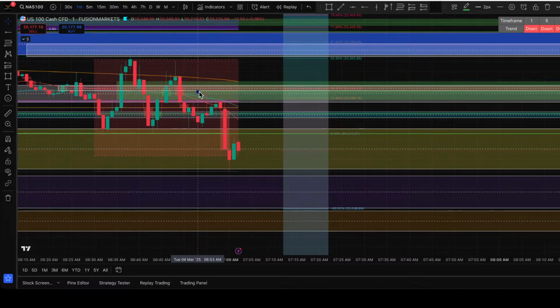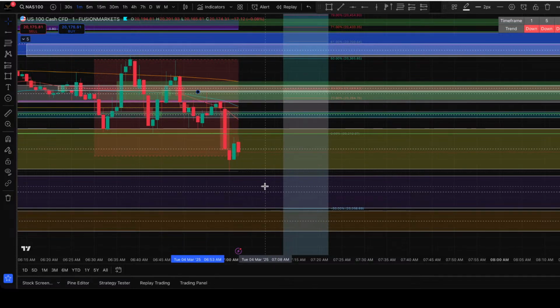Ideally, we want it to drop a little bit more. Let's change the color of that. That's what we call the inducement. That is the top of the series of candles that drove the market into this fair value gap. So ideally, you want the market to get above that, then tap a fair value gap.